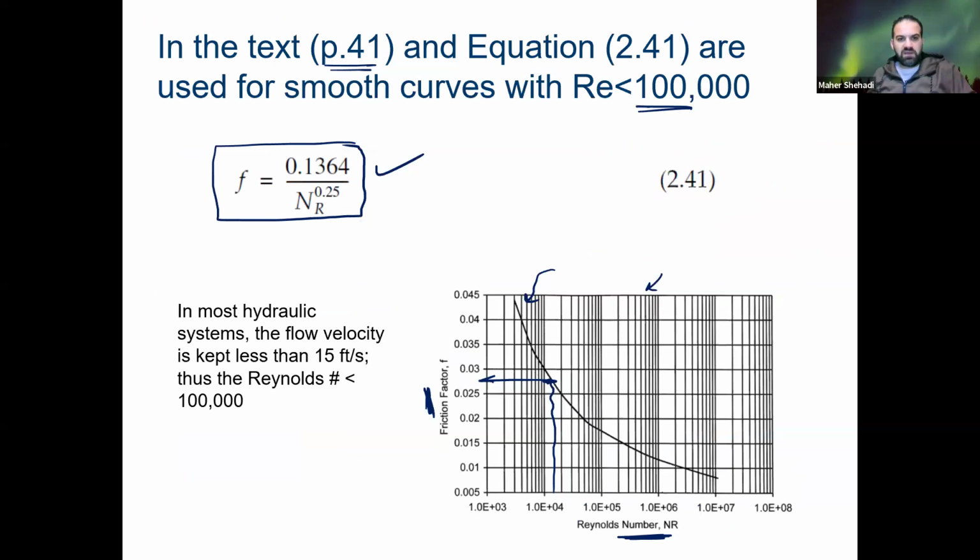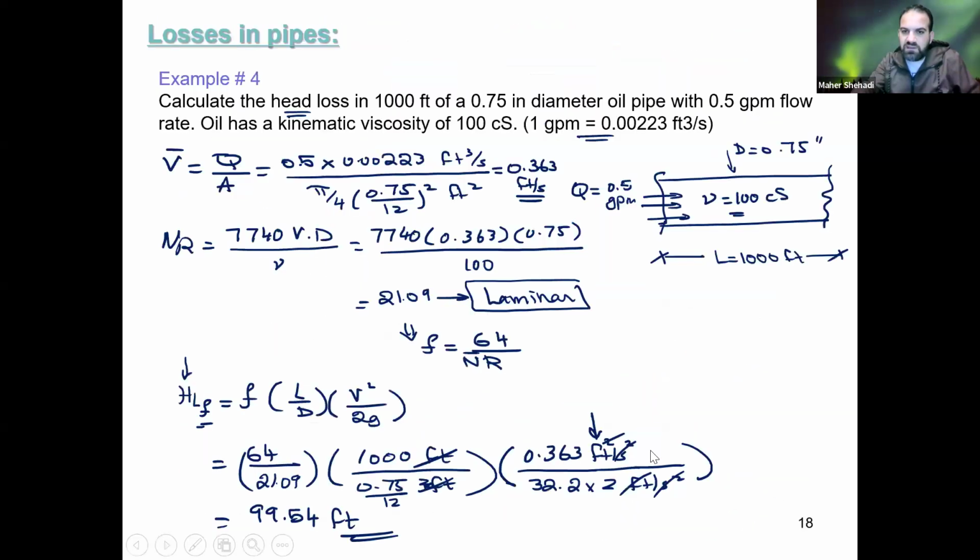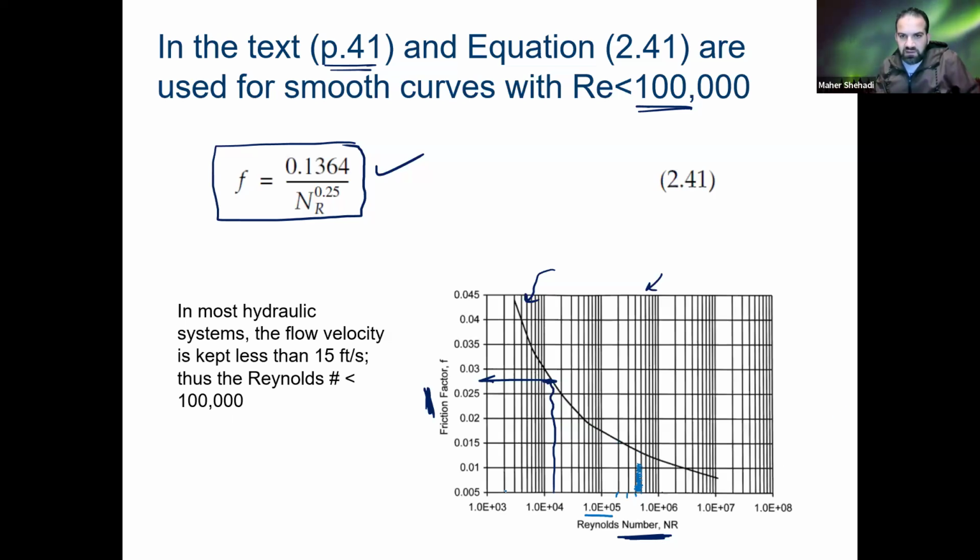The chart that you can see here is on page 41. So we have 470,000. That's here, 100,000, so 2, 3, 4, almost 500. So in between those two, go up until we hit the curve. This is for smooth, and that's the only one we have.